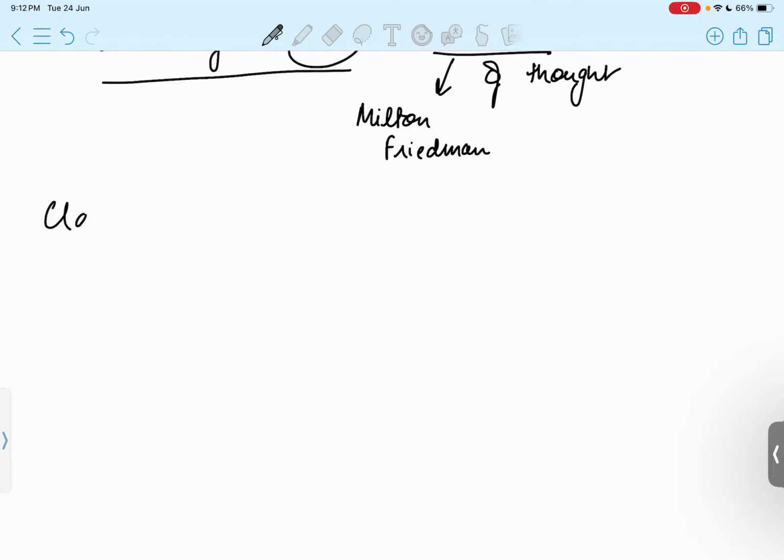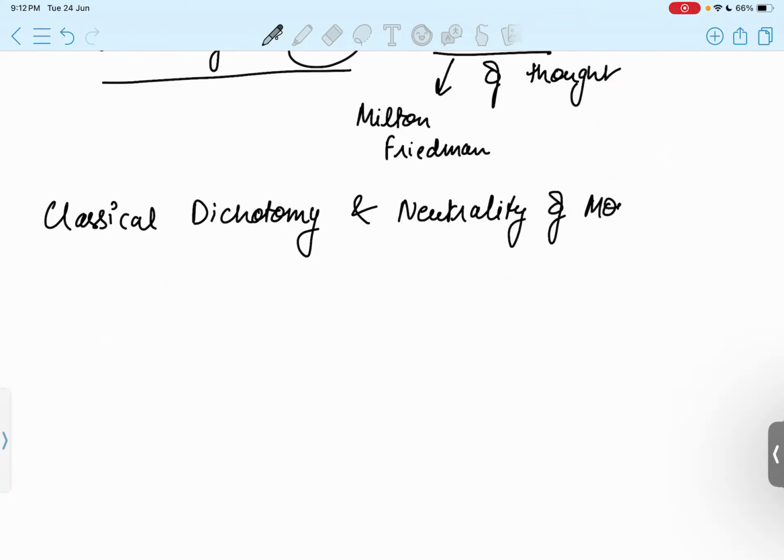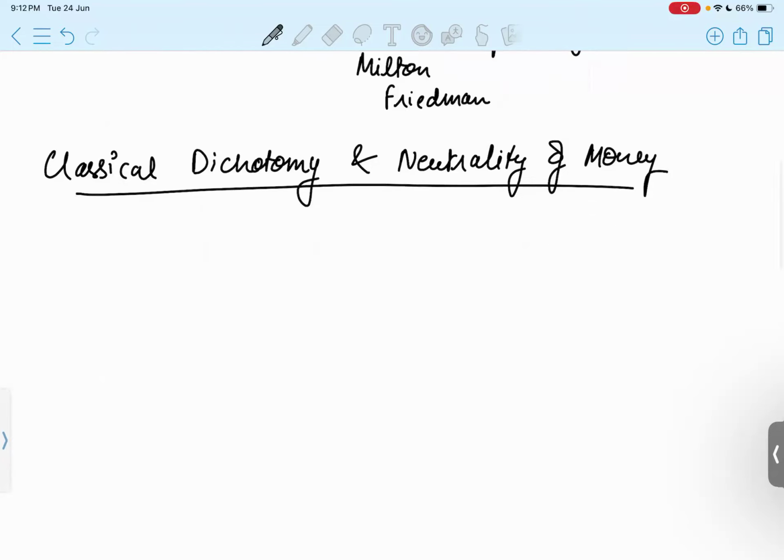Now we will discuss the classical dichotomy, and related to this is the neutrality of money. This is also within the classical school. So in this case, neutrality of money simply implies that money as a variable, which is a stock variable in the economy, will impact only the nominal variables.